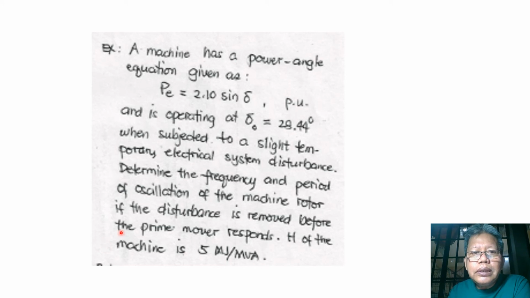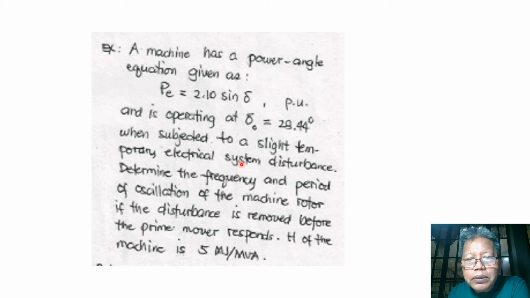So let us have an example illustrating the solution to our swing equation. A machine has a power angle equation given as Pe equals 2.10 sine delta per unit, and is operating at delta 0 equal to 28.44 degrees.